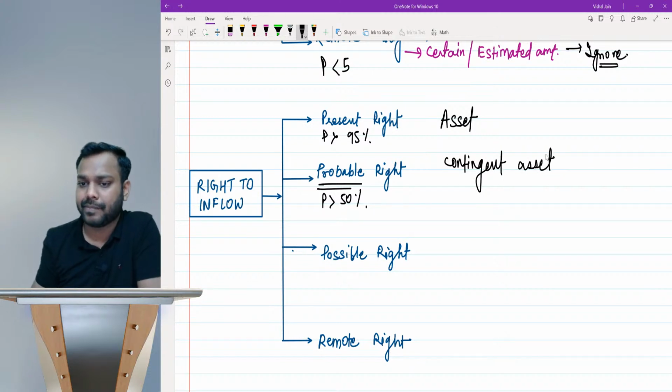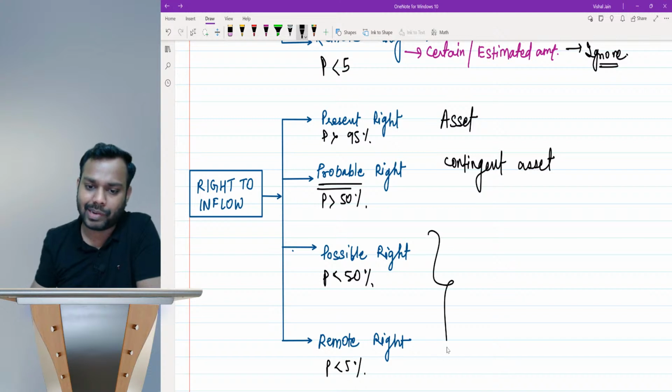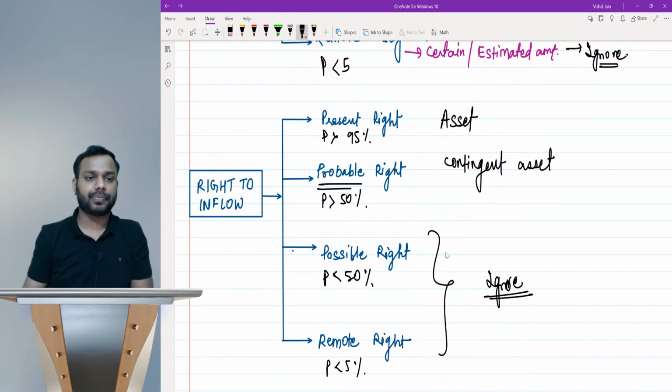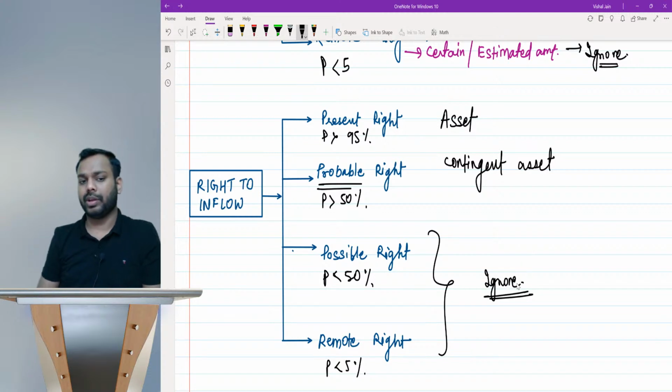If the probability is less than 50%, or less than 5%, in both cases our standard says we will ignore it. We will not record the asset, nor disclose it as a contingent asset. We'll totally ignore it. Is that clear, guys?